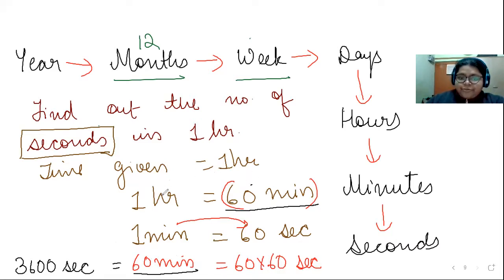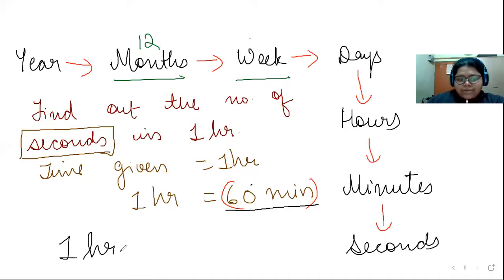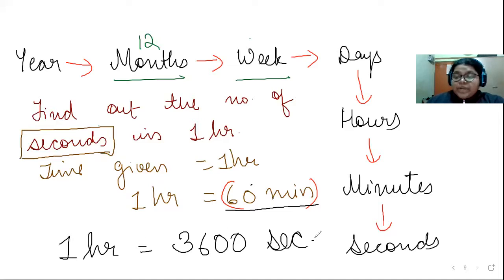Therefore, we can write that 1 hour is equal to 3600 seconds. Got it? This is how we convert. This is the conversion. This is the relation.